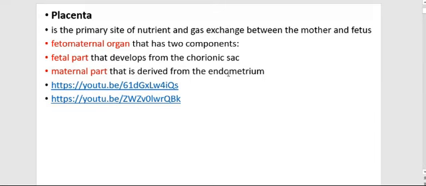So the placenta is the site of nutrient and gas exchange between the mother and the fetus, and it's called a fetal maternal organ because it receives contribution from both.